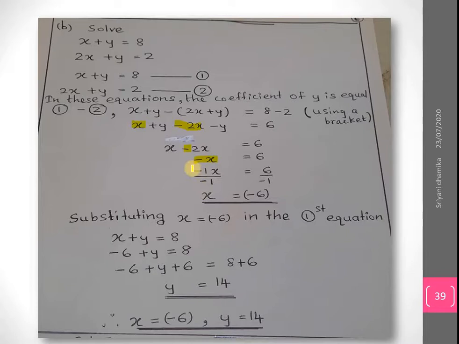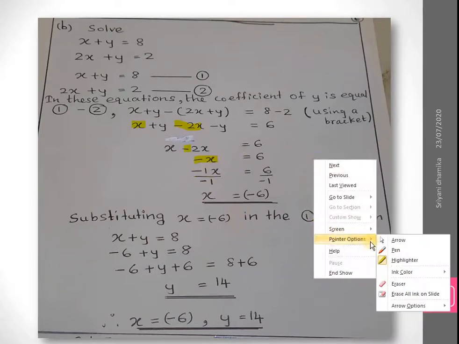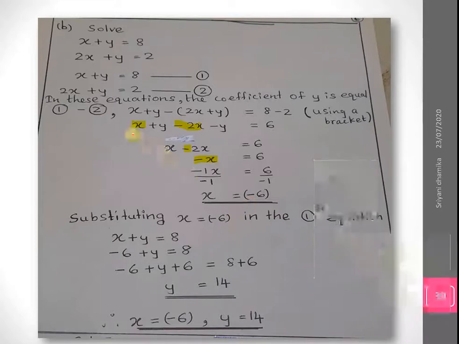So divide both sides by the coefficient of x. You can see the coefficient is negative 1. Dividing both sides by negative 1, x is equal to negative 6.